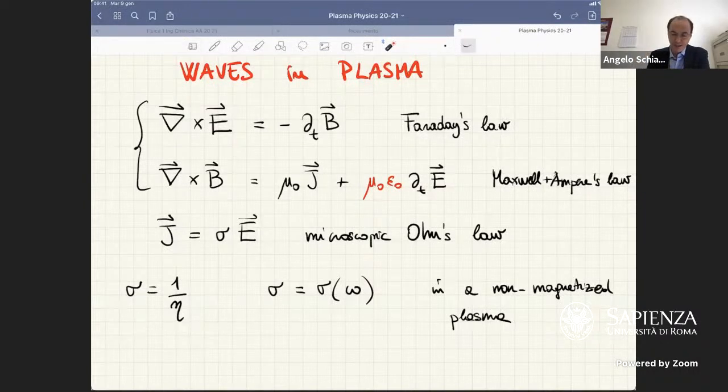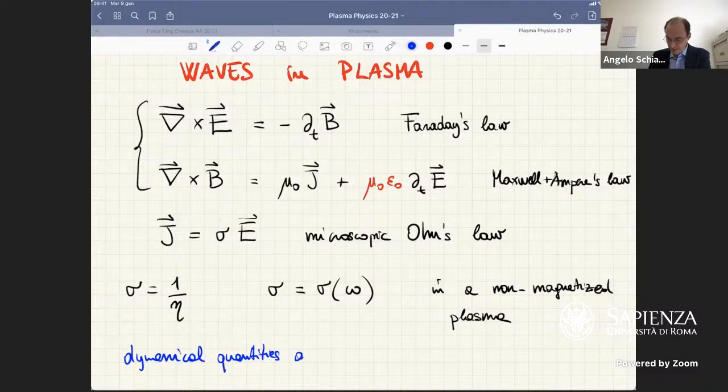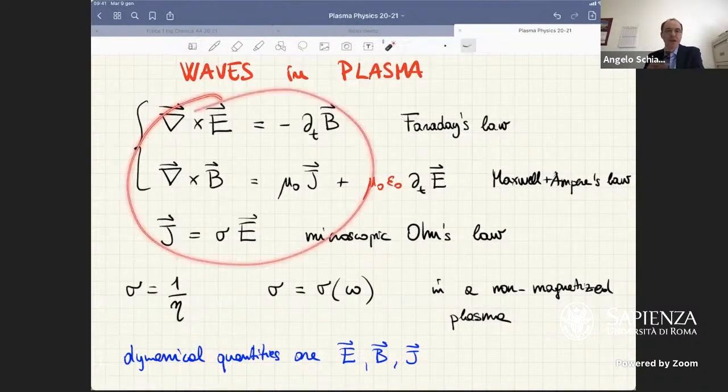So we have the dynamical quantities, which in this case are the electric field, the magnetic field, and the current density J, these three. And we have three equations linking them together.